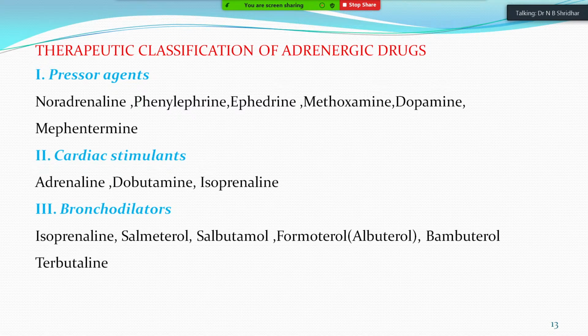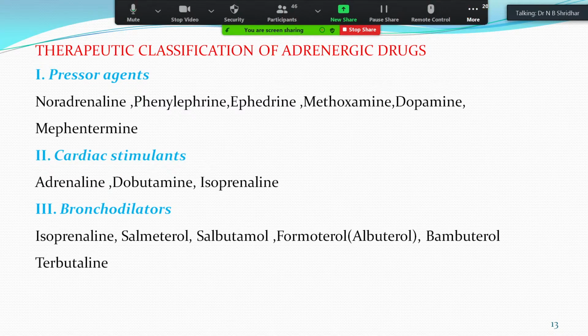And the classification of adrenergic drugs, please remember this very particularly, and you have to mug up all these drugs. That's compulsory, because many times it's an exam point, and it's very important to remember the therapeutic classification of the adrenergic drugs.